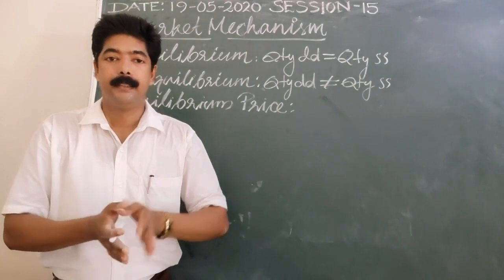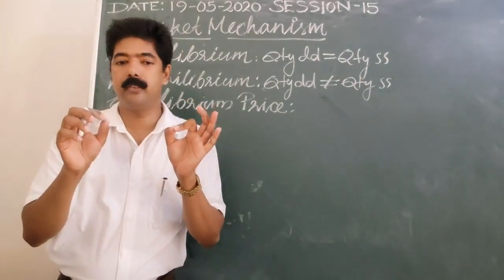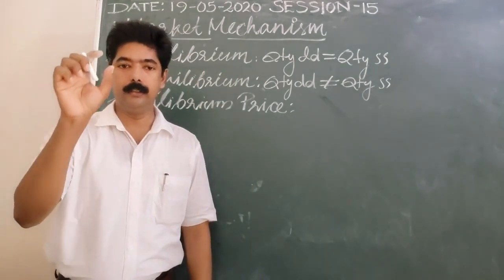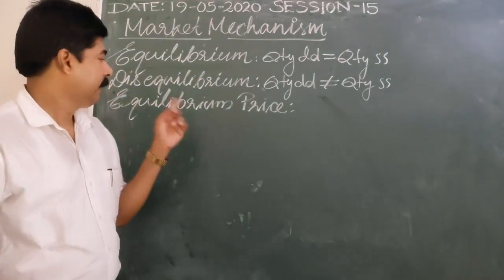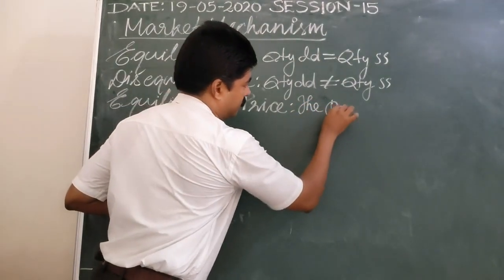Equilibrium price is the price at which the quantity demanded of a commodity equals the quantity supplied.